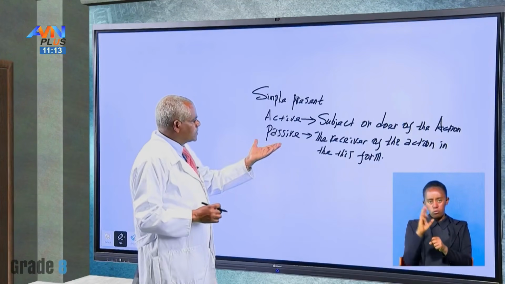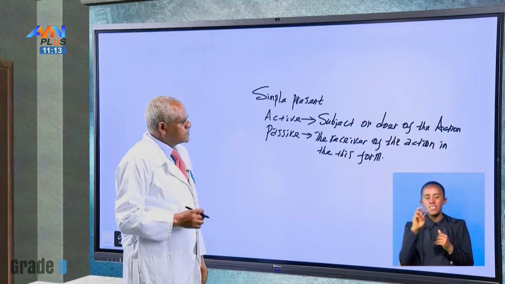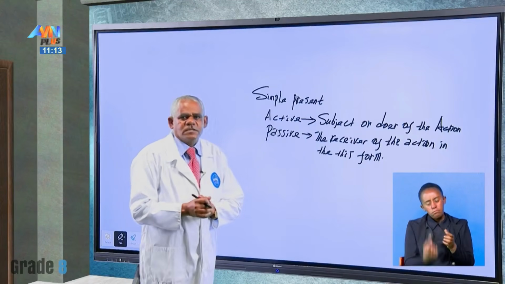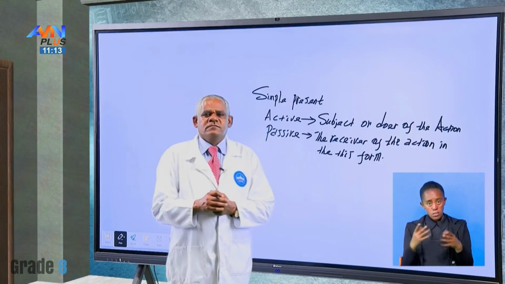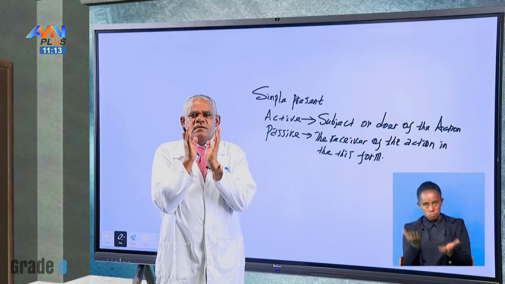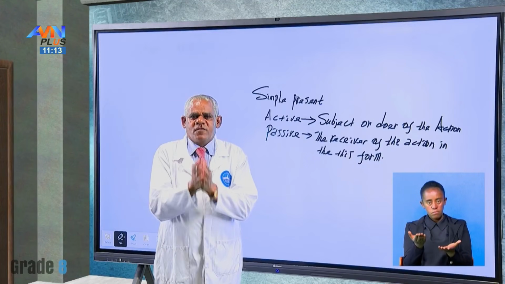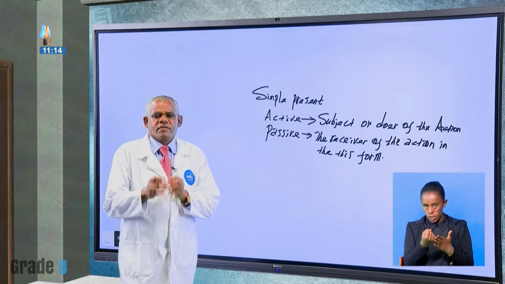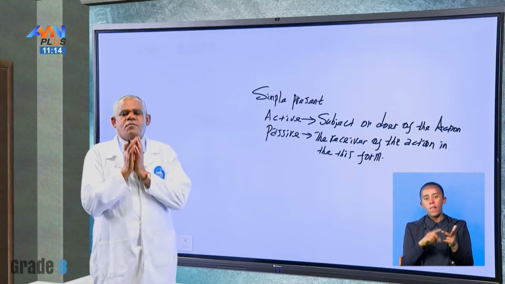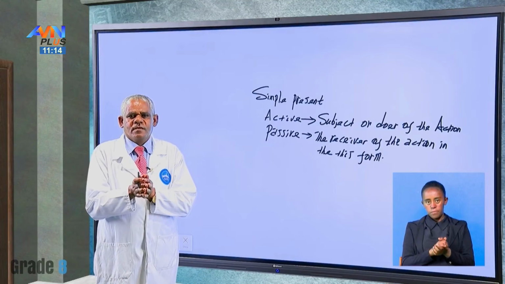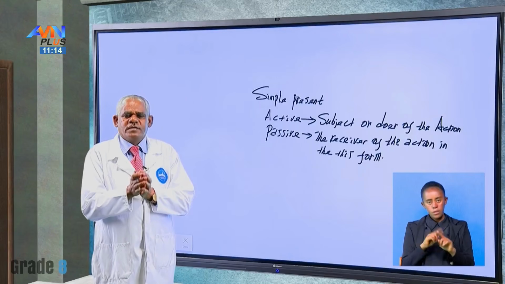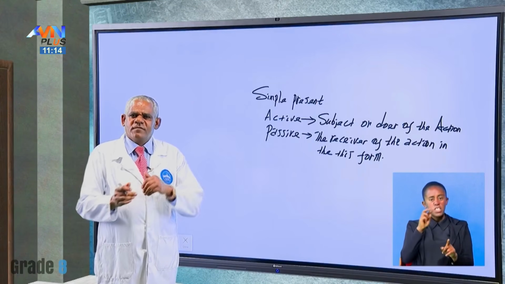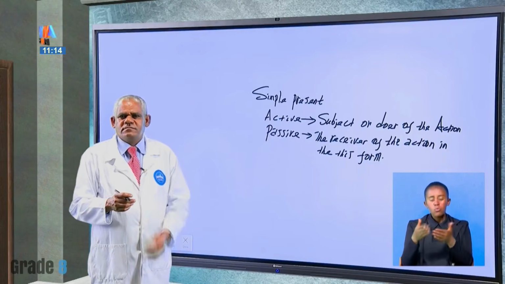So it becomes what? Passive. Every active sentence consists of three parts of the structure: the subject, the verb, and the object. But when it comes to the passive voice, we give more emphasis to the action.